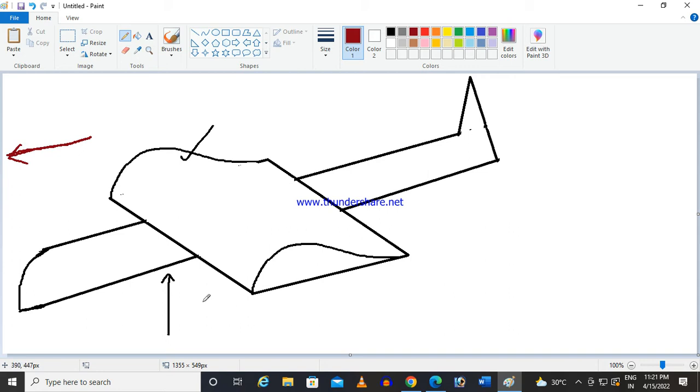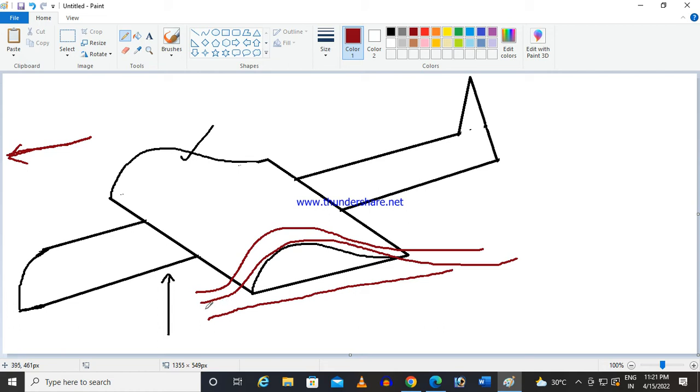Now the air molecules, or air particles, are moving like this, like this, like this, like this. Okay, this is the air particle.